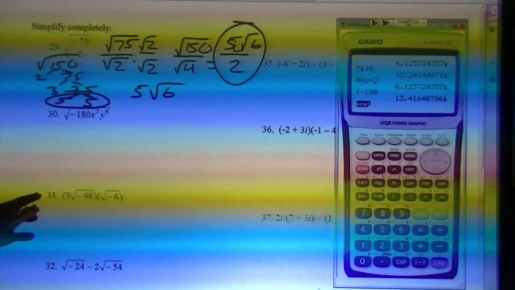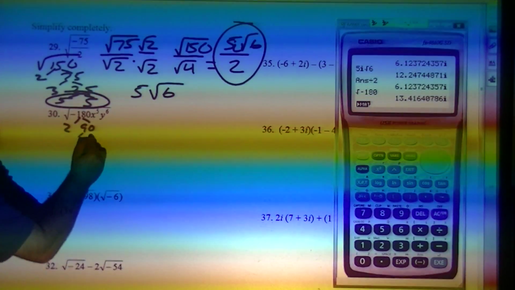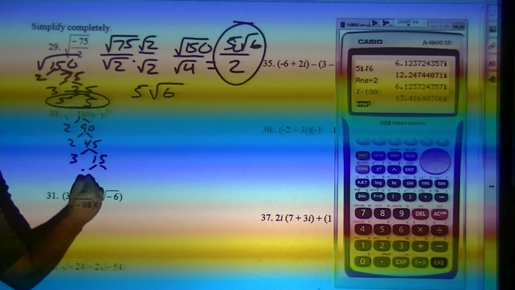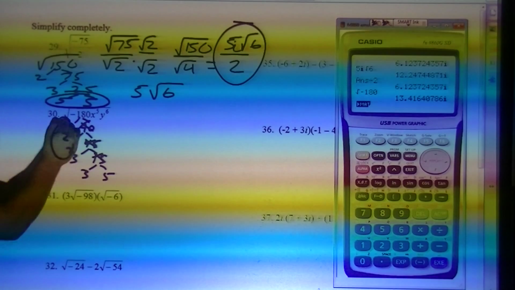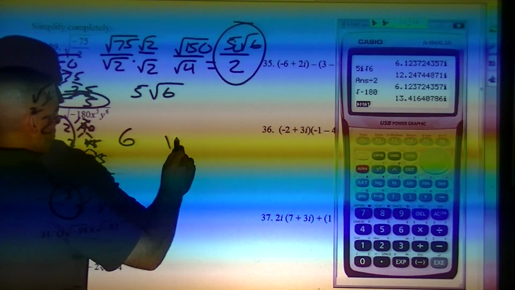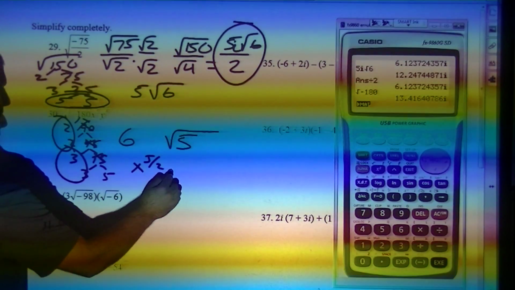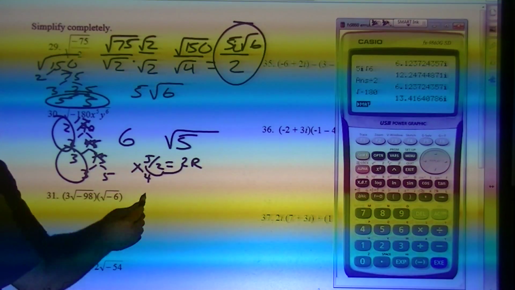So once you know that, you can move on and reduce it as if it's positive. 3 and 15, 3 and 5. I'm just dividing by prime numbers. Here's a pair, here's a pair. So what I got is 6, square root of 5. Do the same thing as the other ones. 5 divided by 2 would be 2, my remainder, if I multiply, would be 4.